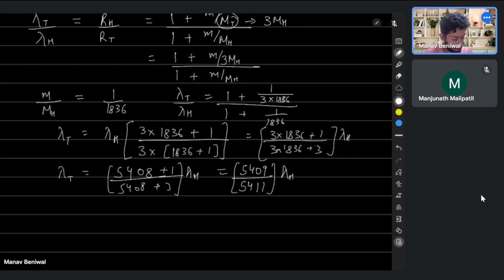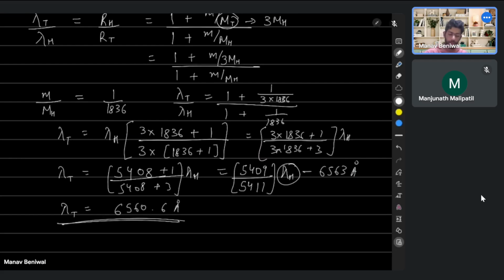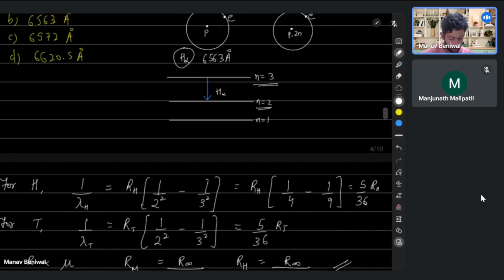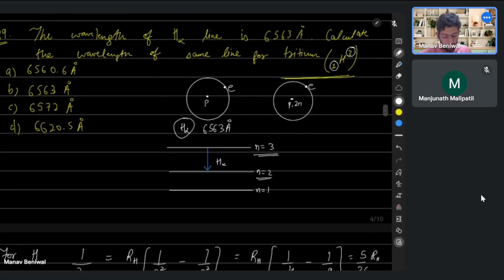And lambda h is given to us as 6563 angstroms. So if we solve this, we get 6560.6 angstroms, which is option A.